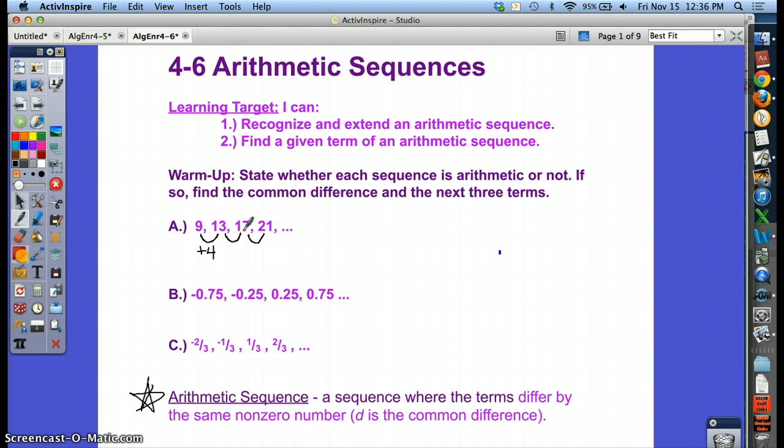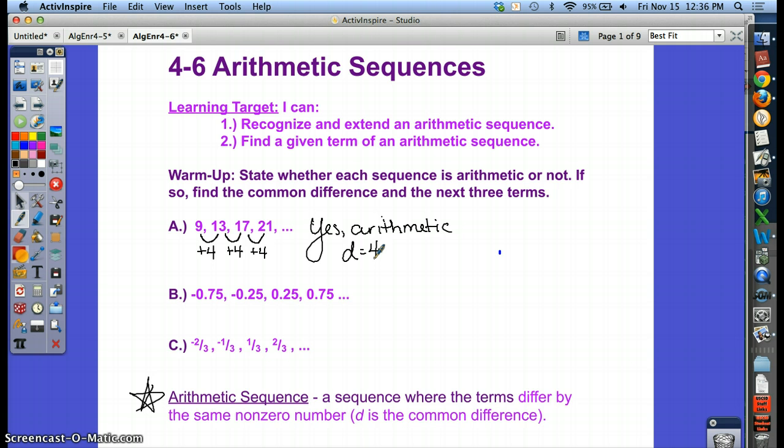From 13 to 17, well, 17 minus 13 is 4, or from 13 I added 4 to get to 17. And then on the last one, 17 plus 4 gives me 21. So this is an example of an arithmetic sequence, and my common difference would be 4. We're going to use D to represent the common difference, and the common difference would be 4.